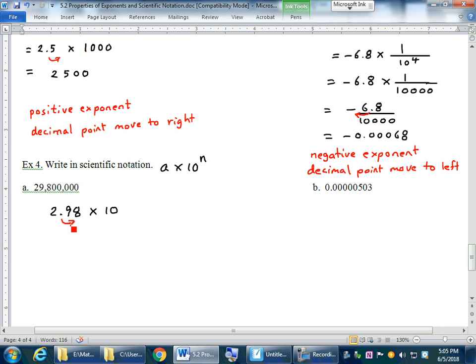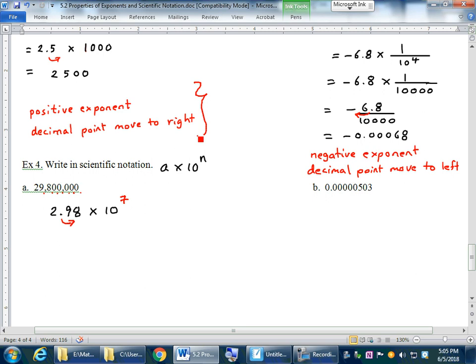So how many times do I move to the right? 1, 2, 3, 4, 5, 6, 7. So therefore, it will be a positive exponent. Okay, so that's how simple it is to write down scientific notation.